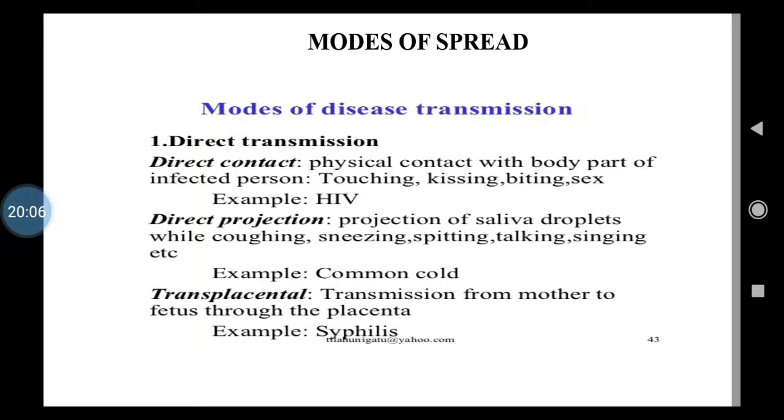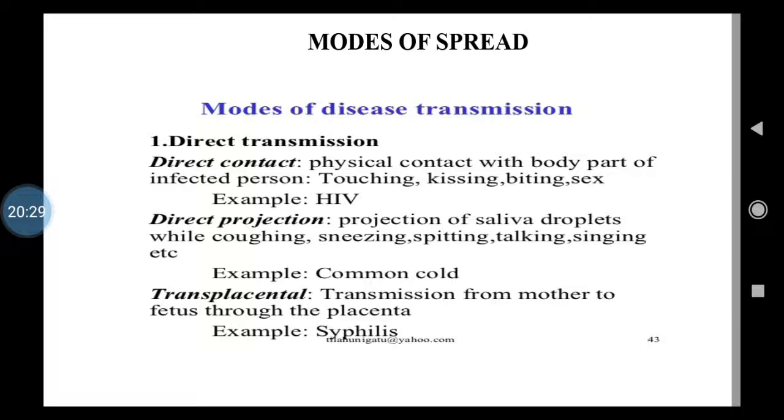Now the direct modes of transmission. First, direct contact. Some diseases spread due to direct or close contact, when a person comes in close contact with the body or any part of the infected person.